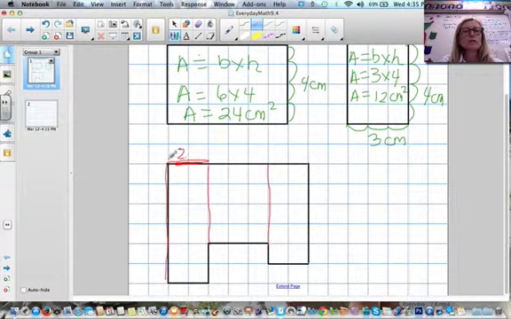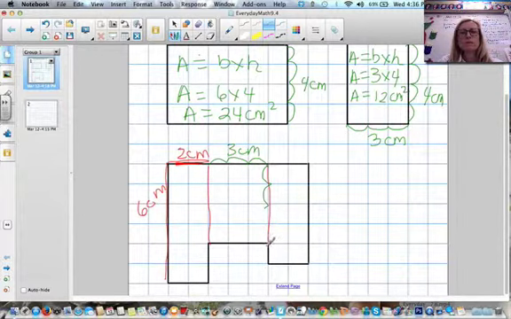So we've got 2 centimeters and 6 centimeters. And then this one, let's switch colors, is 1, 2, 3. And then this side here is 1, 2, 3, 4.